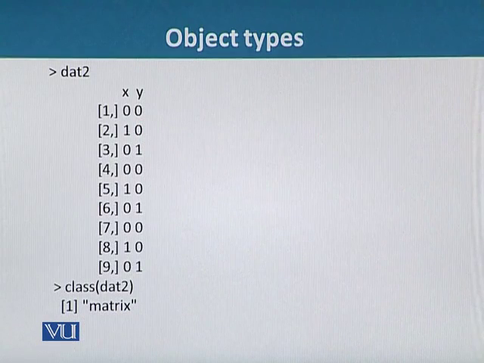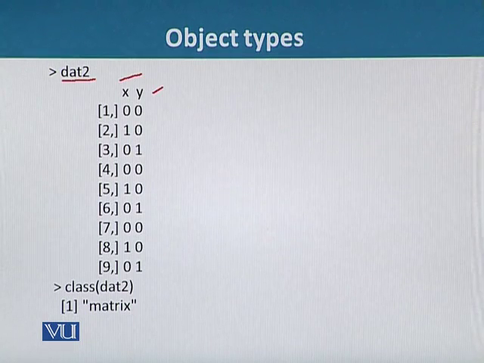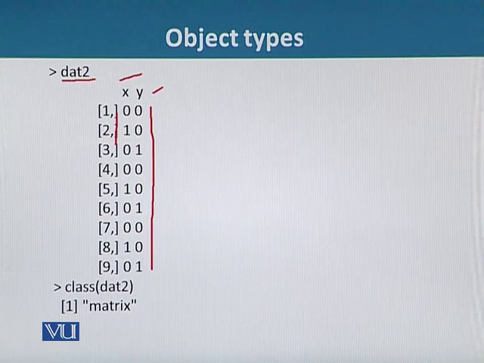For example, we have data2, in which there are two columns, x and y, and we can see here in both of the columns there are numbers, and both columns are identical in type. So we can use only numbers and not the vectors in the case of a matrix.